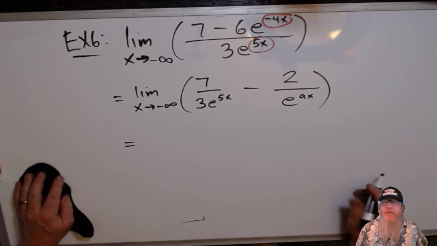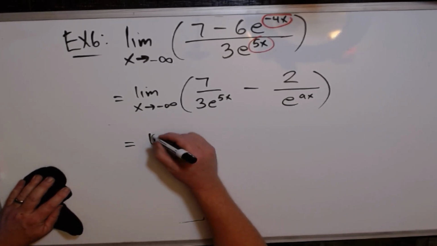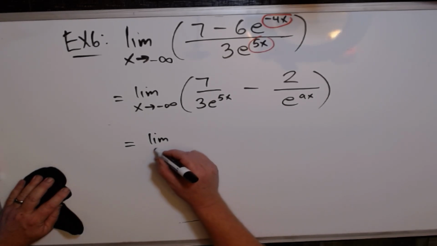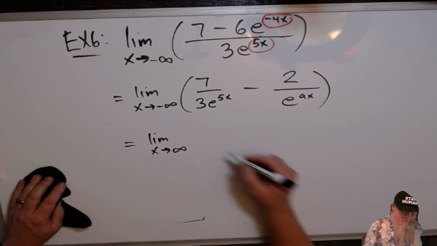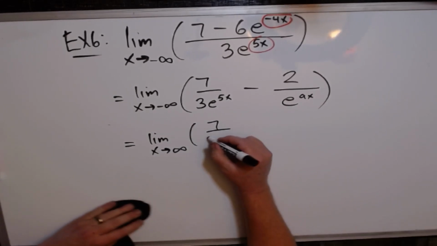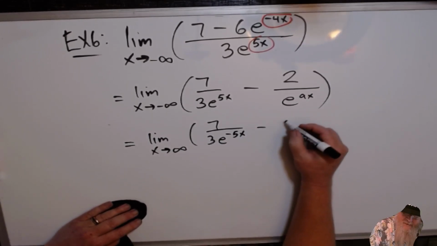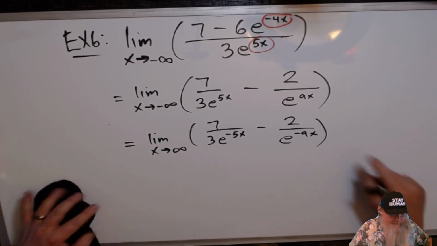All right, you can do the switcheroo. The limit as x goes to infinity of 7 over 3e to the -5x minus 2e to the -9x. Now, you don't have to do this.